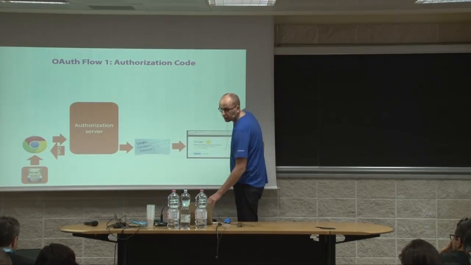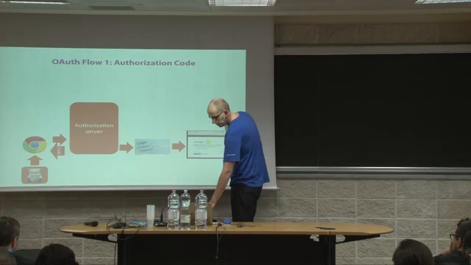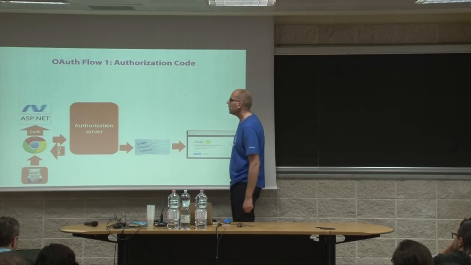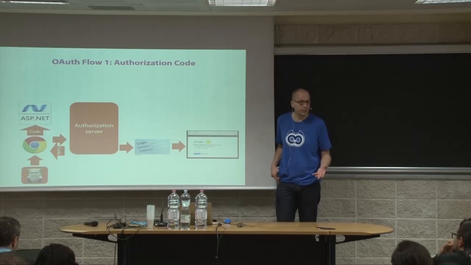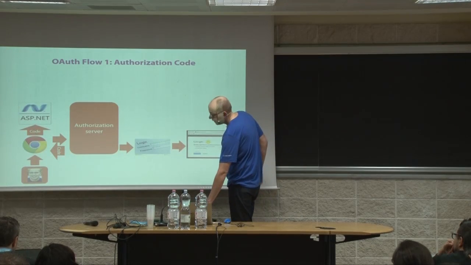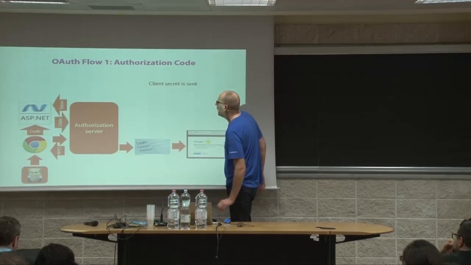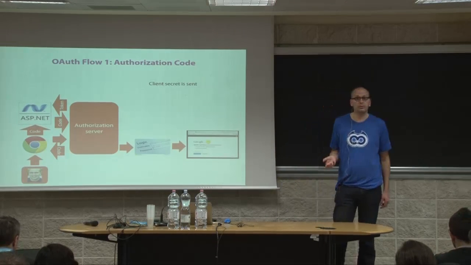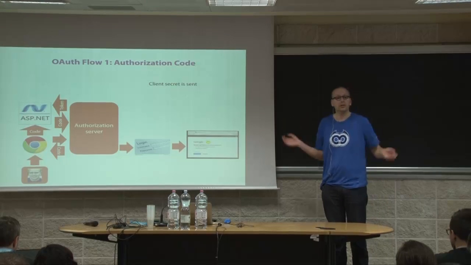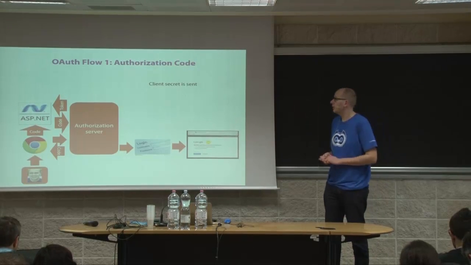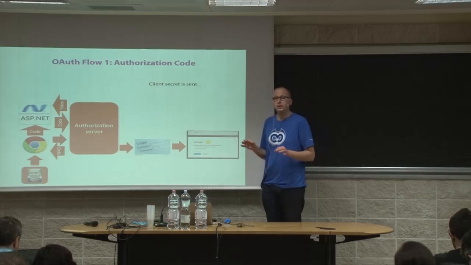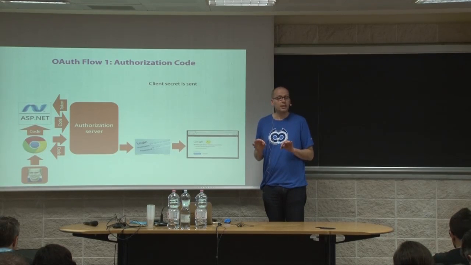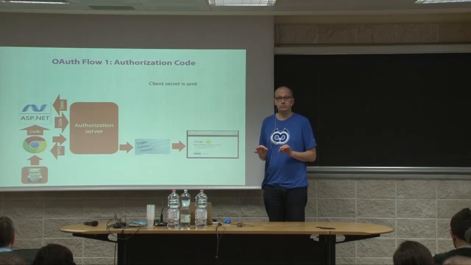So the browser, which is called the user agent in specification terms, is sent to the client. And the client receives the code. And the client then uses the code to get the token. So what's the whole fuss here with the code and stuff? The whole point is that the user agent, the browser, never gets the token.